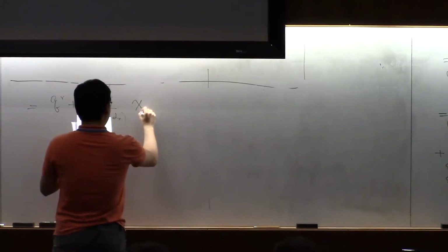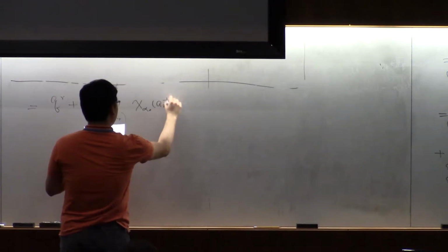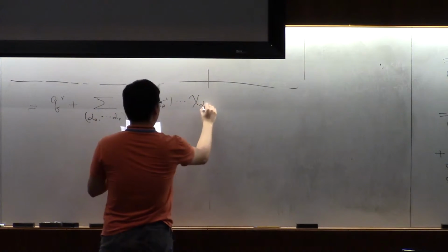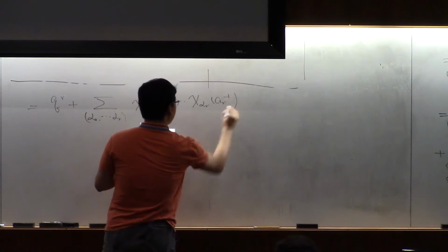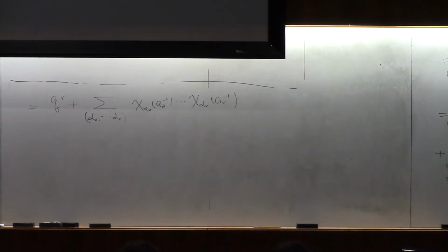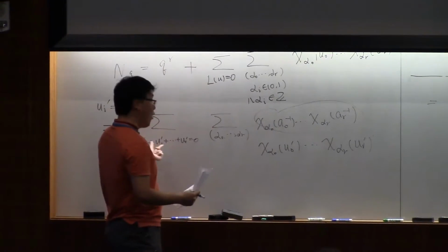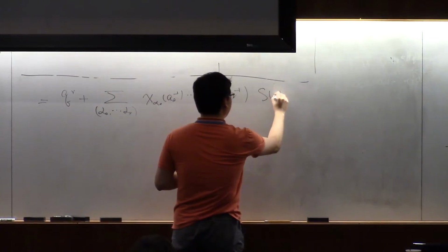So we have chi alpha 0 of a_0 inverse up to chi alpha r of a_r inverse. And the rest is the summation with respect to u, and I denote it by S alpha.